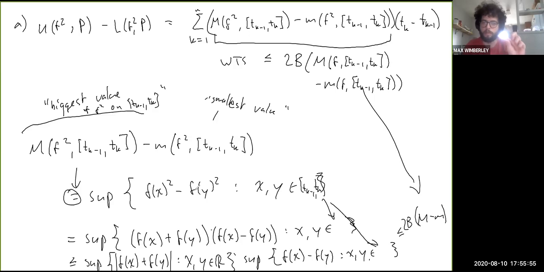So the difference is going to be smaller. That's just how that image automatically suggests this idea, at least to me.